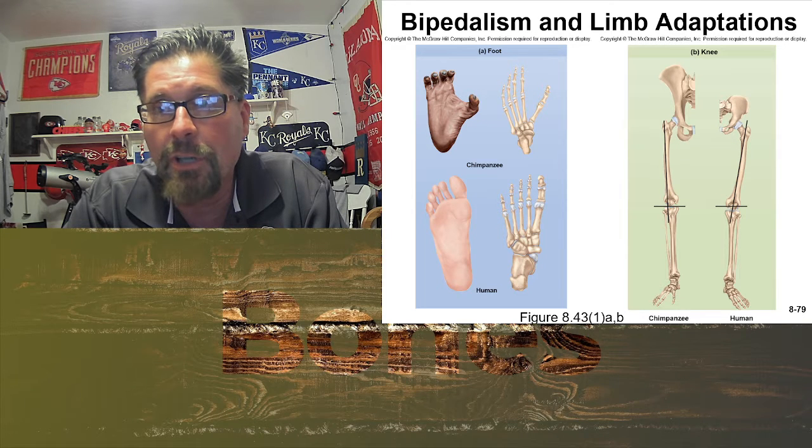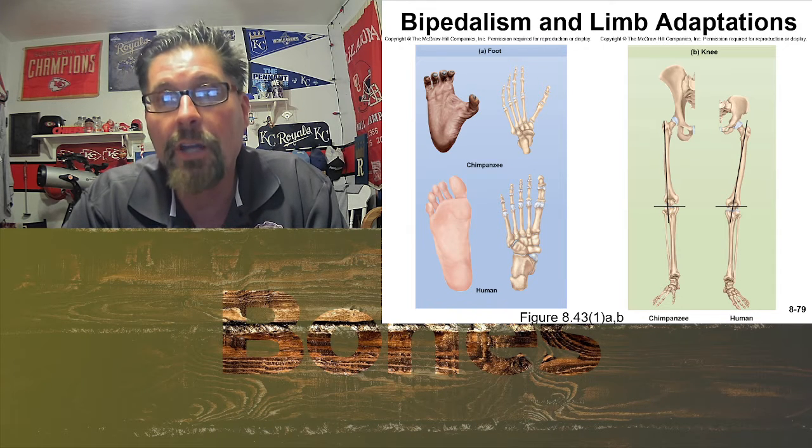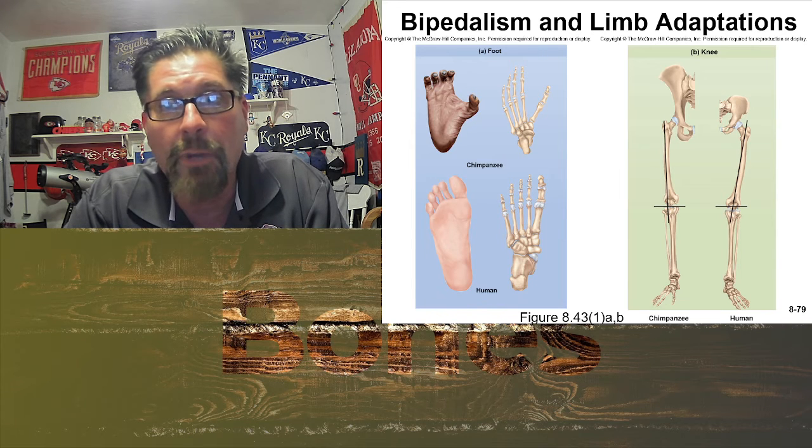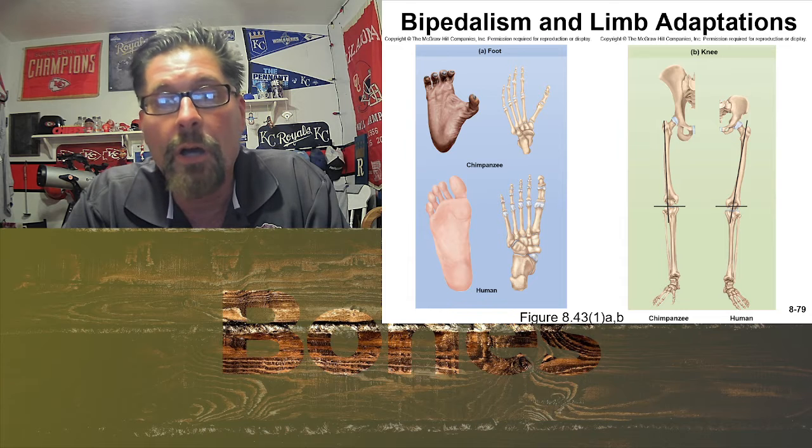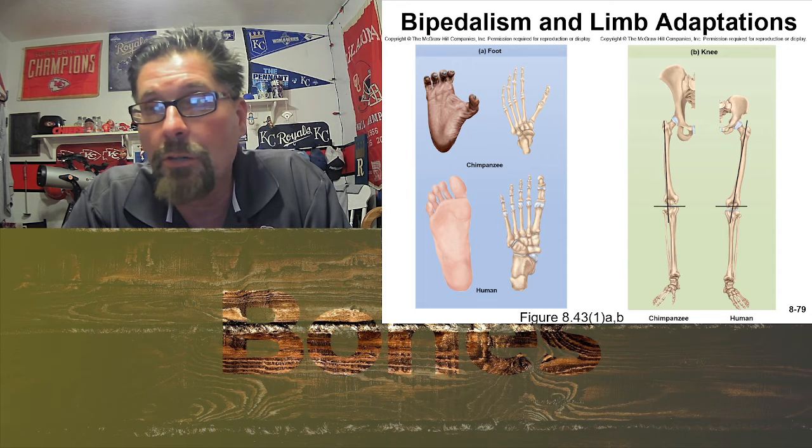But you can see the structure is the same, as far as the sole and the phalanges and everything, but just that one little adaptation of having that bend in what we would call the big toe, being able to make it more into a thumb, which is really a reference to what it is.